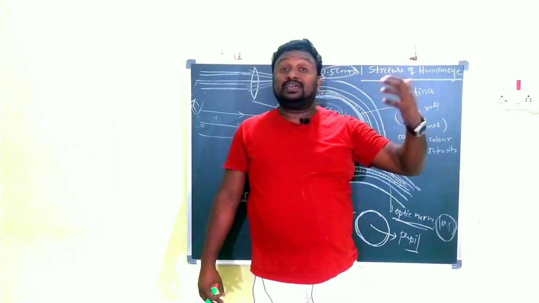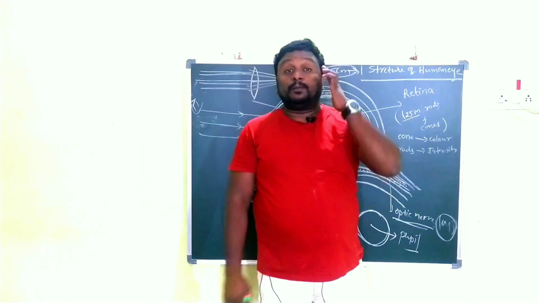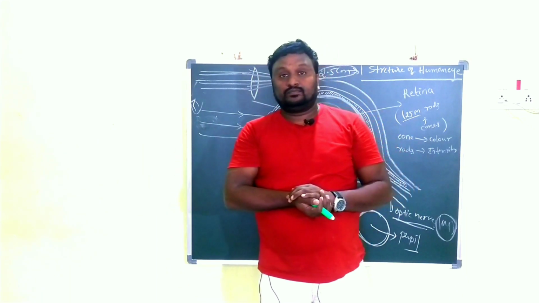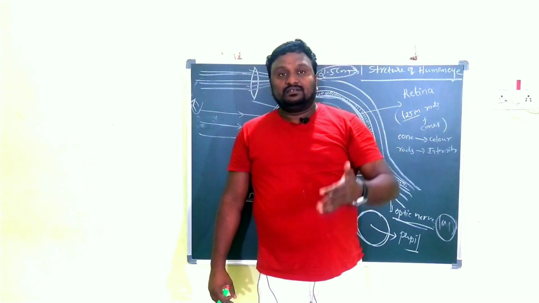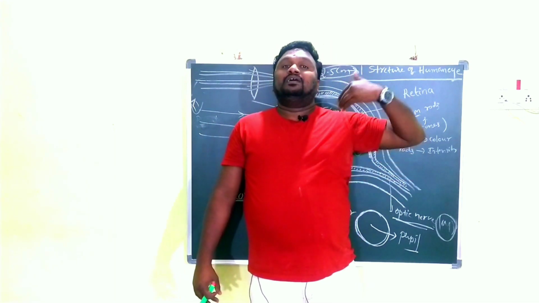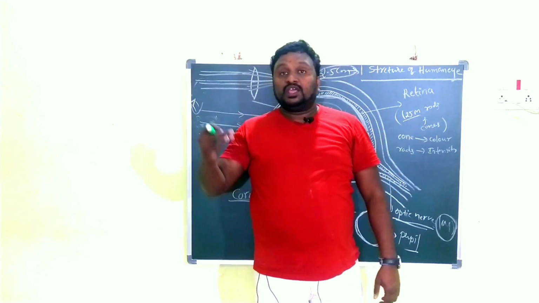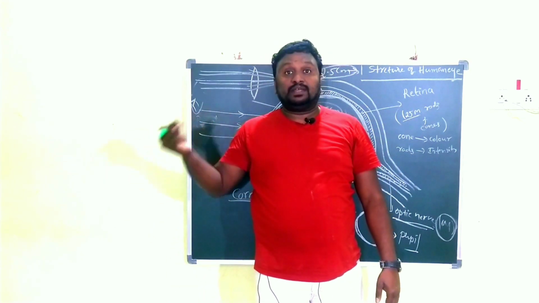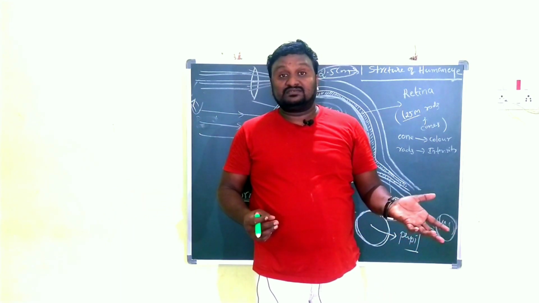The focal length can be changed by changing the position of the object in front of our eye. In general, the focal length of the eye lens is 2.5 centimeters. But if we keep the object at different places, how can we change the focal length of the eye lens?